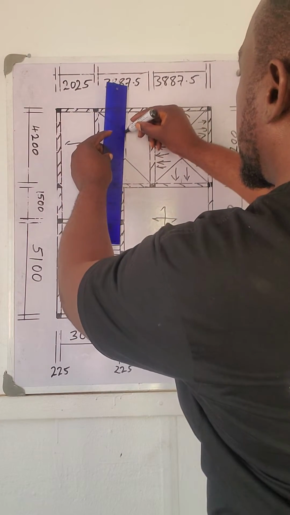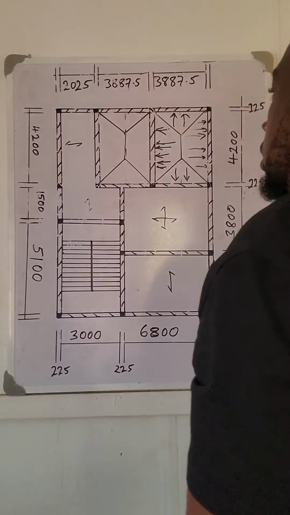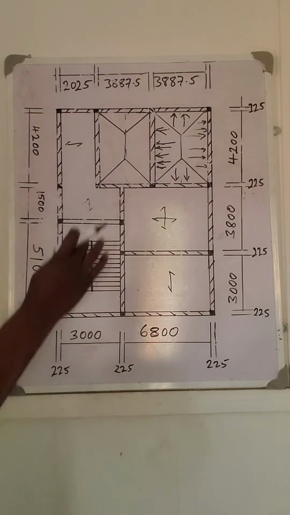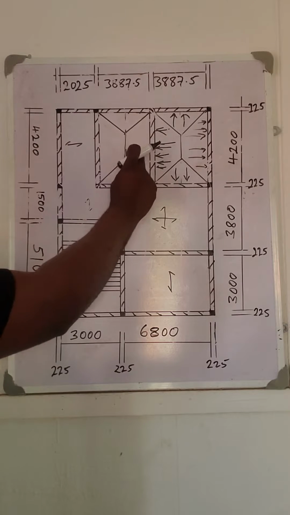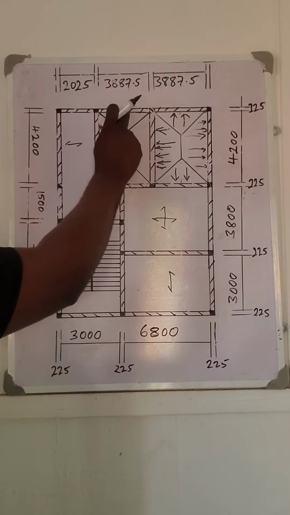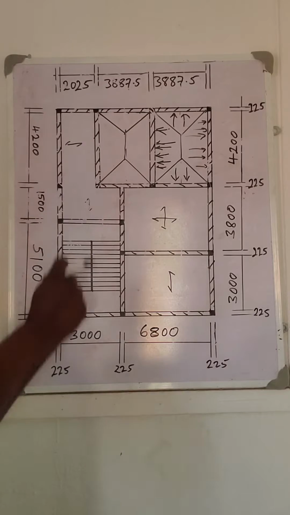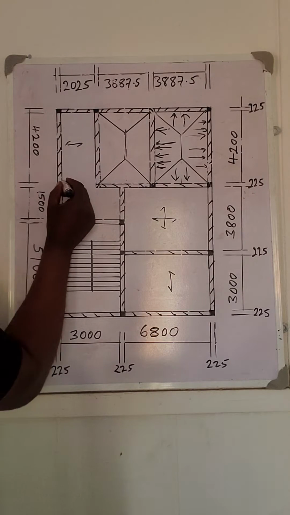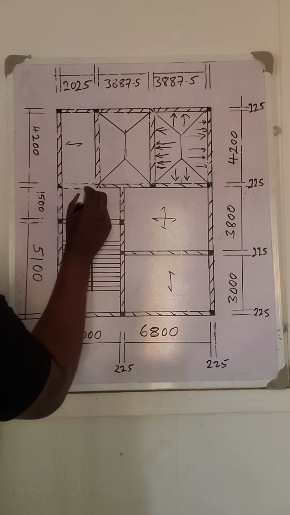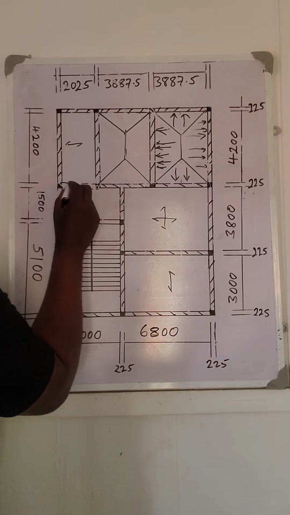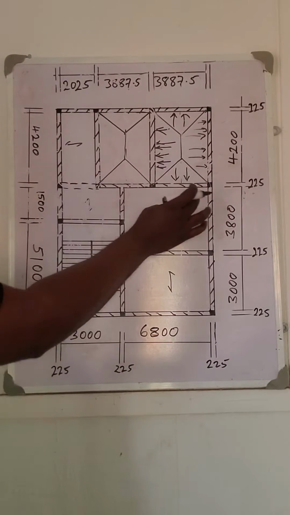So, a trapezoidal shape along the longer span, a triangular shape along the shorter span. Now you can represent a dotted line like this to this beam, because this beam is a continuous beam.